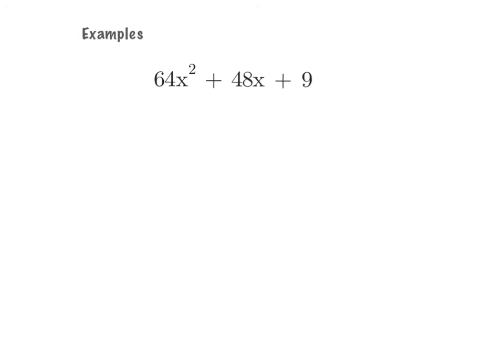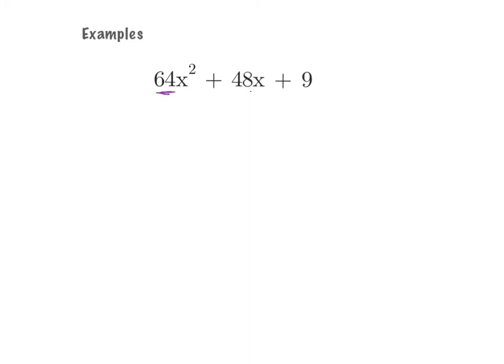All right, so here's the first of 3 examples. Remember, the first thing that you should always look for is a greatest common factor. So, do these 3 terms have a greatest common factor? Okay, and then the next thing is, since we don't know how to factor quadratic trinomials where a is not 1, now you need to start thinking, okay, is this a perfect square trinomial?